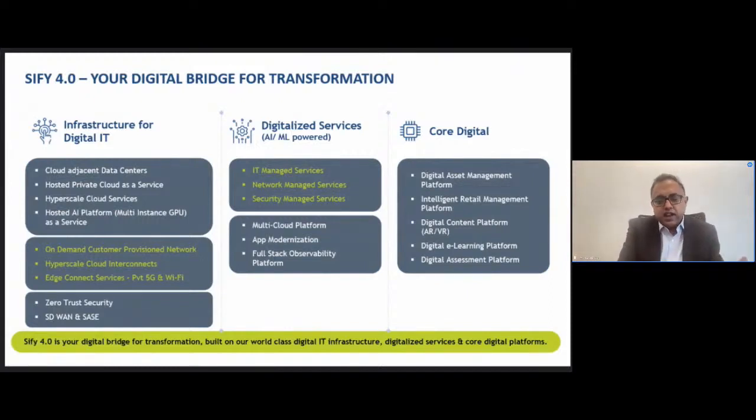So if you start on the left, the infrastructure which is going to enable the foundation for digital IT, that's where our data centers come into the picture, for all the 11 data centers with 500 megawatts of capacity, where people come and host and build their digital footprints, and we help them with the right facilities, the right requirement, the right compliance to grow.